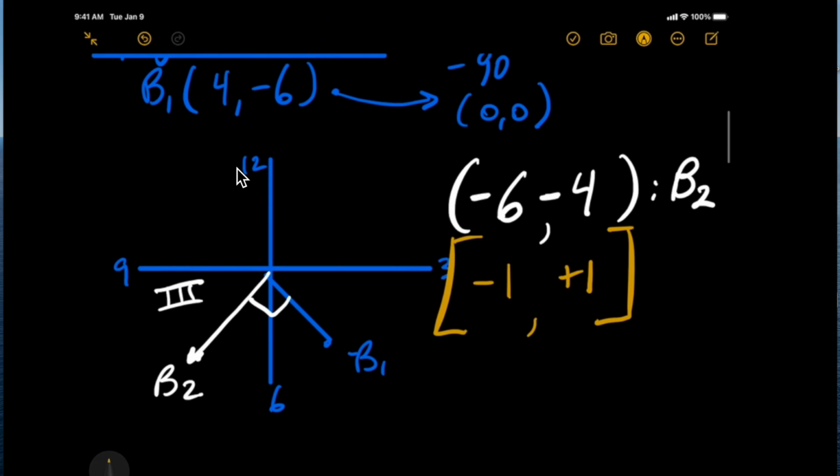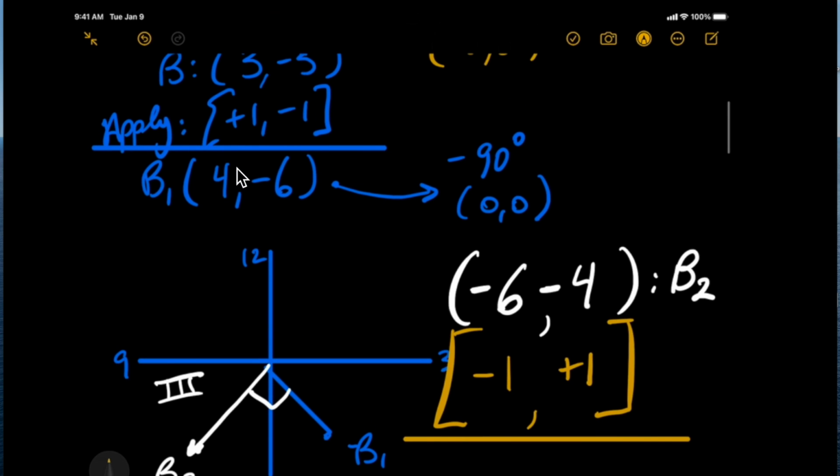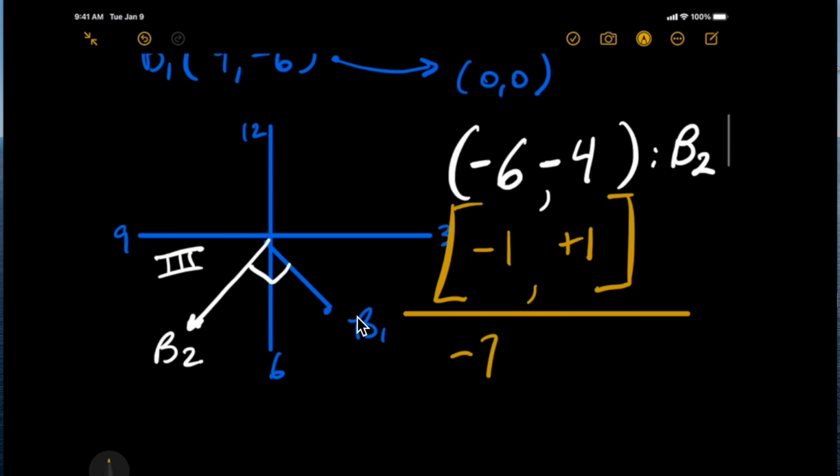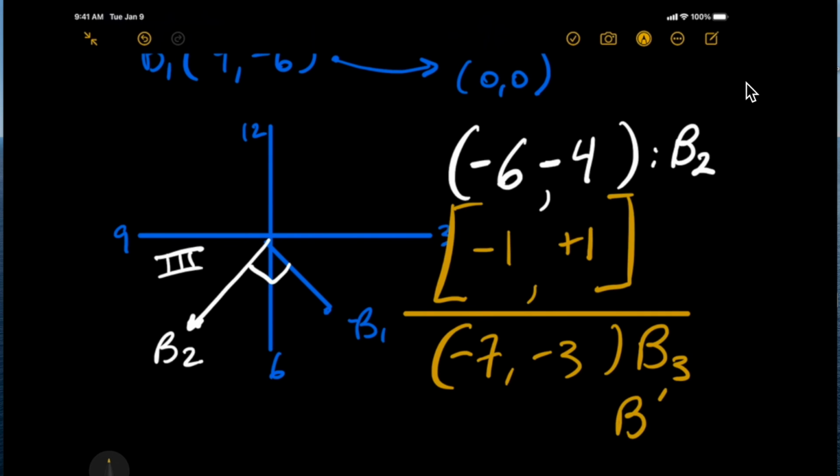We are going to apply the reverse. Basically, we're going to undo what we did here with this blue bracket. We're going to undo that as if we never did it. Our final answer is going to be -7, -3. This is your third point and final point, otherwise known as B prime.